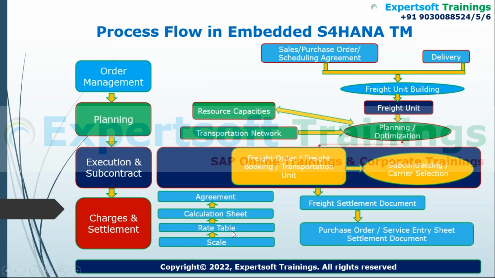Secondly, in the rate table, suppose your combination is source location, destination location. Suppose your source location is US, destination location is Germany, but in the freight order, the source location is Finland, destination location is Sweden, and you don't have any rates for that. In that case, rates will also not be calculated. So the parameters maintained in the condition records need to match those here. Then only the value will come here.